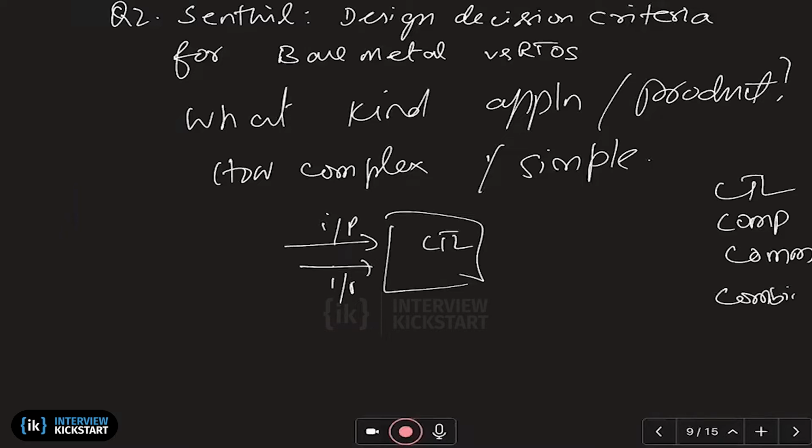Let's say there is a next question about a fan controller. You're getting temperature input, maybe the fan current speed input, and then your output is basically the control signal for the fan speed. It's a very simple single purpose application.